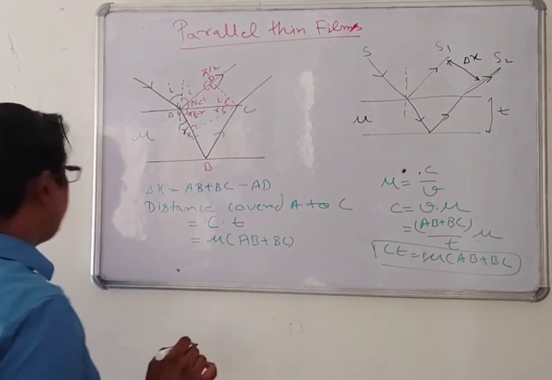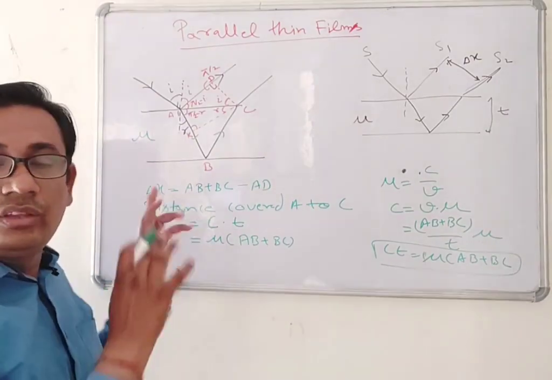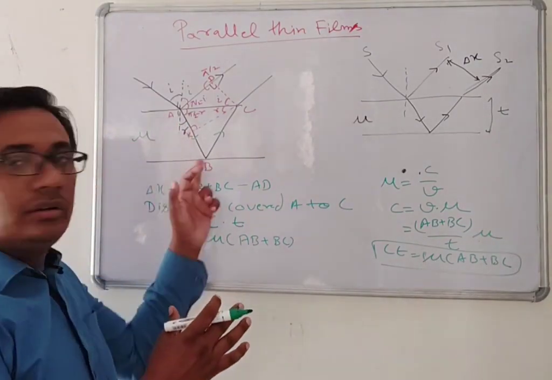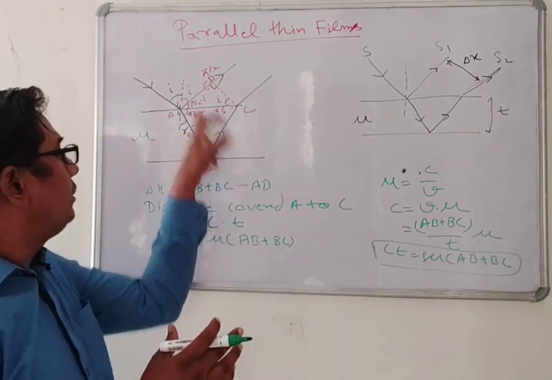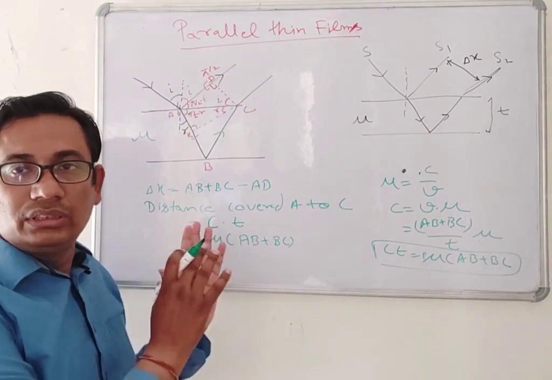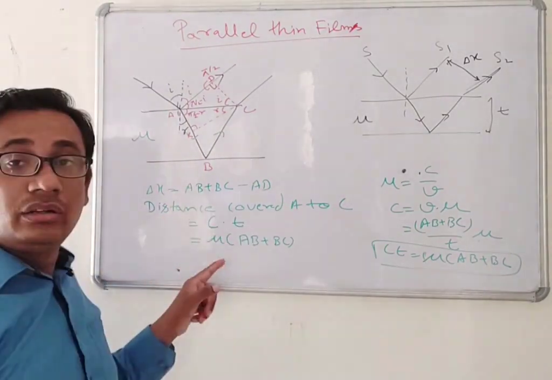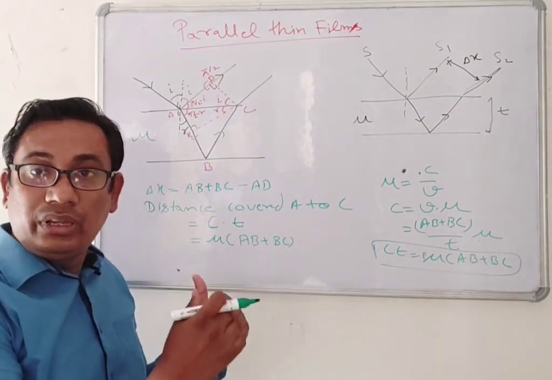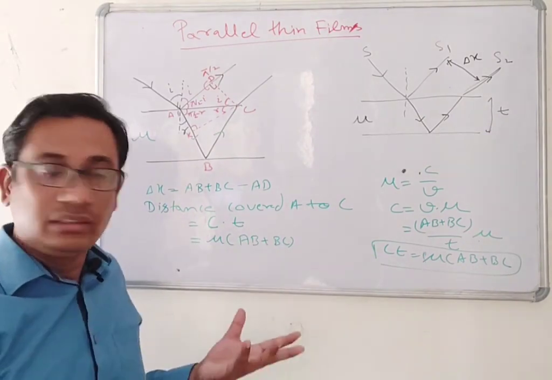Basically in the path difference we simply use algebra: the larger path minus the shorter path. But here we include the role of the optical properties of the medium, like the refractive index.